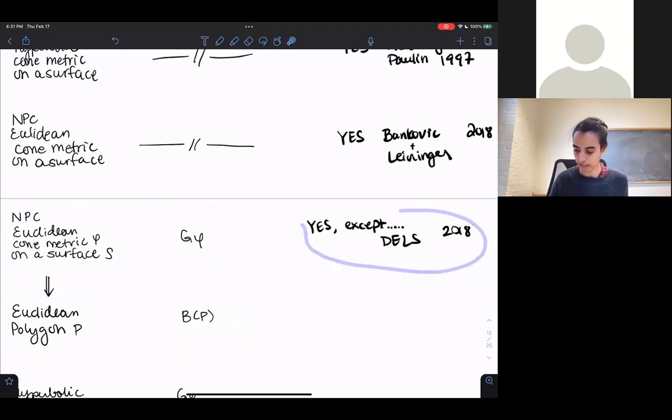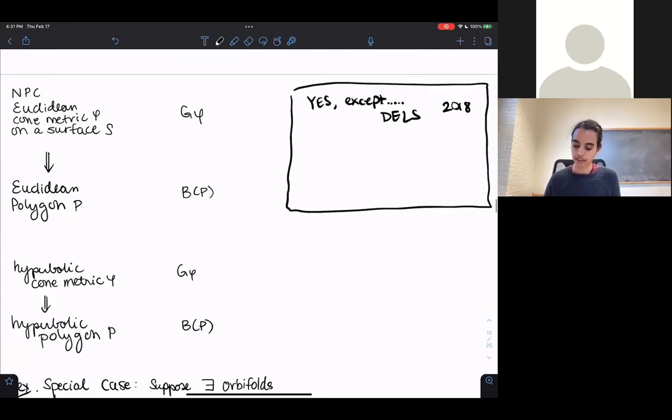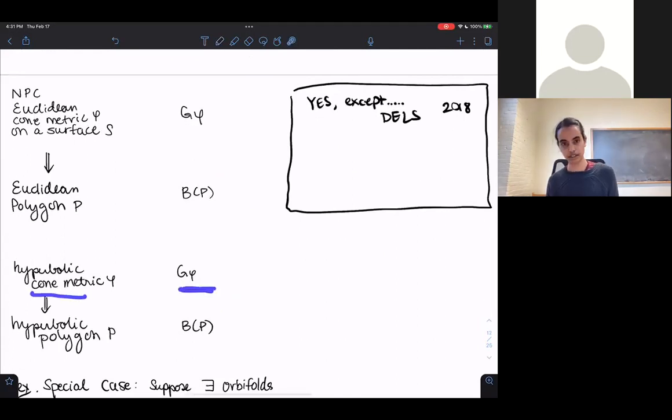So this is yes, except, so is this yes, except. So this applies to both of these rows. Okay, and so then finally we come to, for a hyperbolic cone metric, if you're given these pairs of points at infinity, and if we had an answer yes to this, it would imply the hyperbolic polygon case.